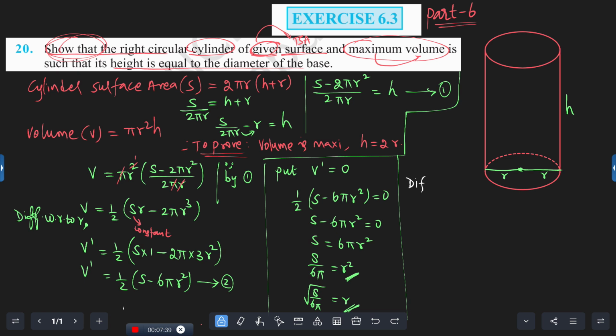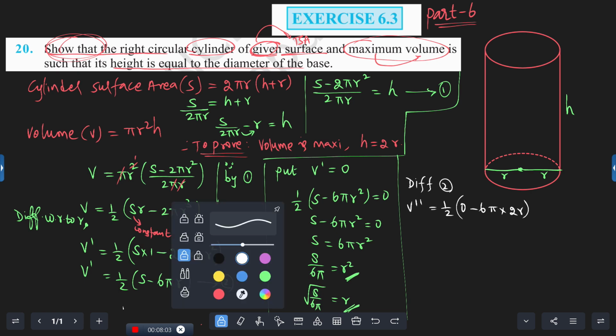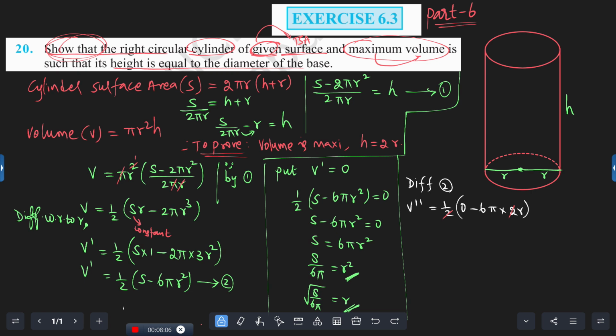Differentiate again: V double dash is equal to 1 by 2 into, S is constant, constant when you differentiate you get 0, minus 6 pi multiply R square differentiated gives 2 times R. Denominator 2 and numerator 2 cancel, remaining minus 6 times pi R. Apply the R value we already have: minus 6 pi square root of S divided by 6 pi, which is less than 0.